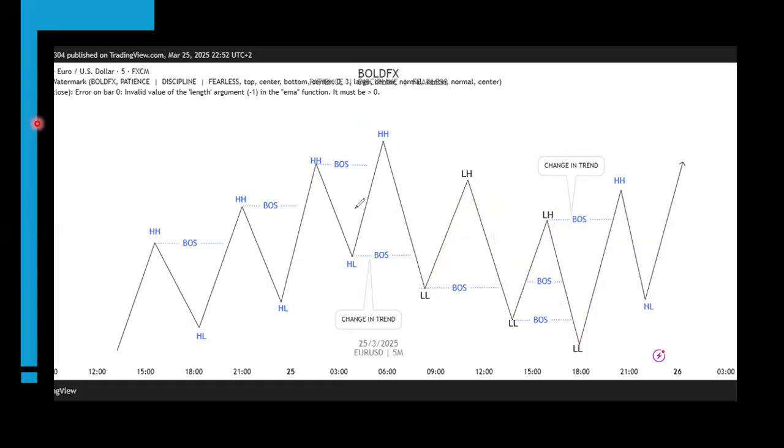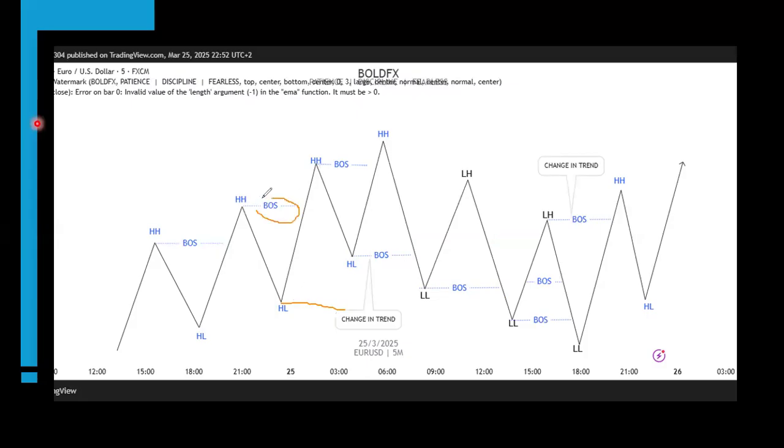So if you do get stuck, right, what I normally do is I identify my structure. So let's take this strong structure for an example, this strong higher low. I would mark it down, and as soon as price breaks structure, it forms a new range, meaning that this is my strong higher low because it has broken structure, right?